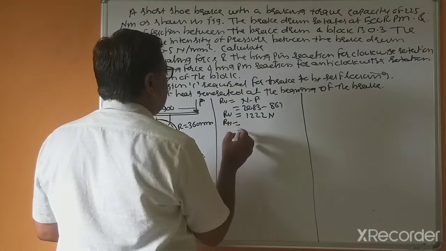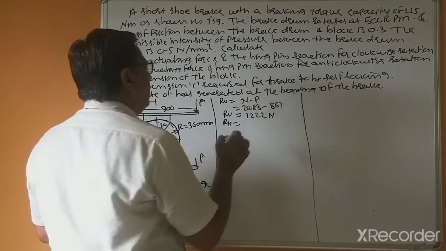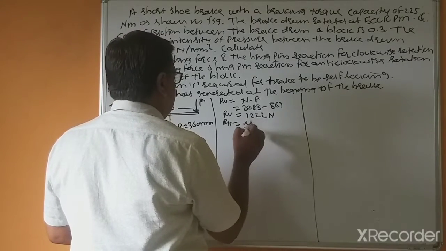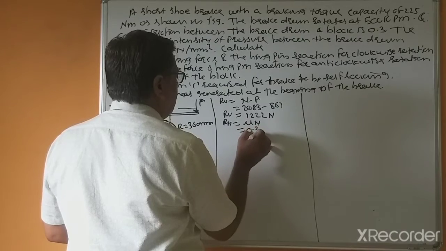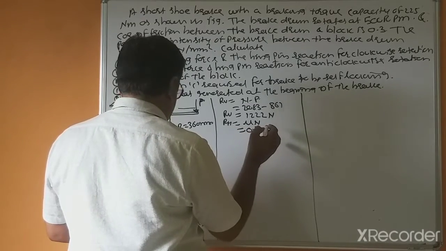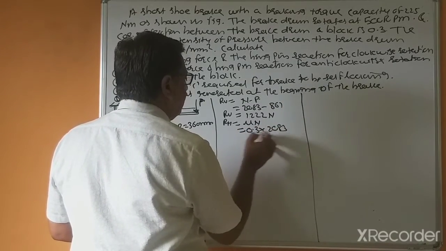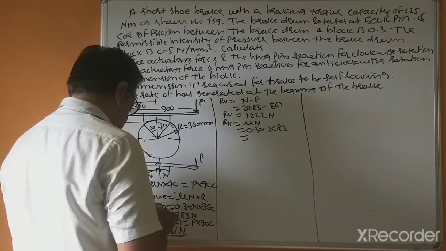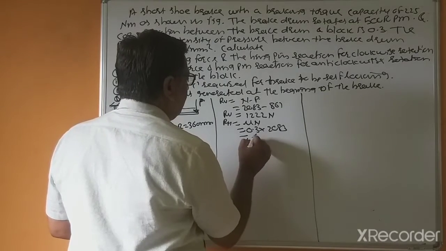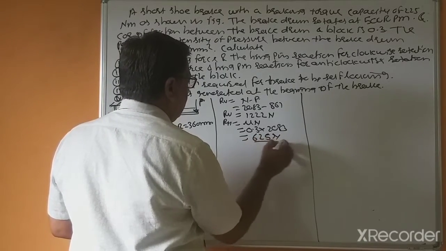Similarly RH equal to mu into N, 0.3 into N, 0.3 into 2083 equal to 625 Newton.